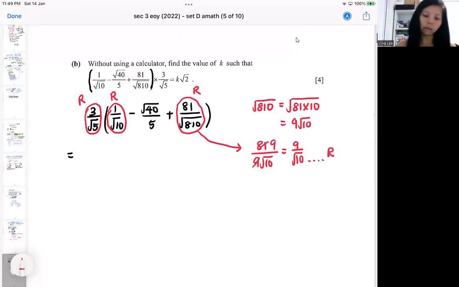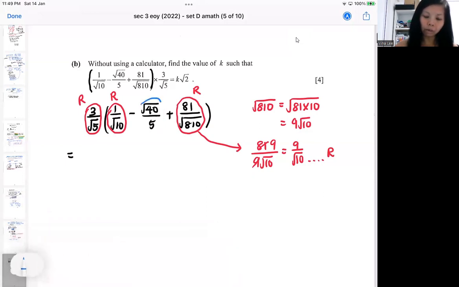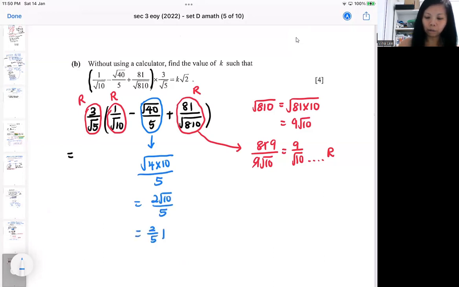There are the other two that you need to rationalize. And what about this situation? In this situation, there is no surds in the denominator, so all I can do is to simplify, which gets me to 2 root 10 over 5, which essentially is 2 over 5 root 10.